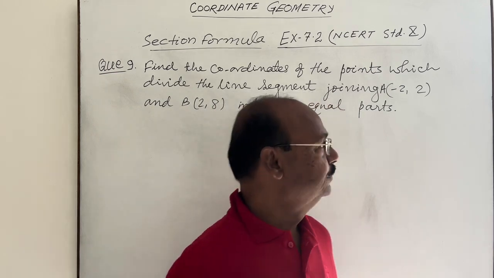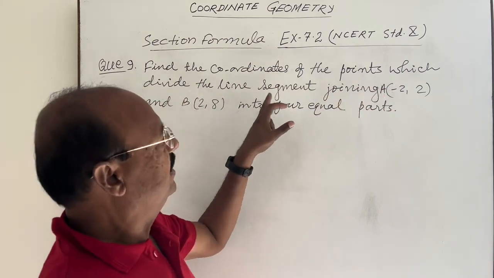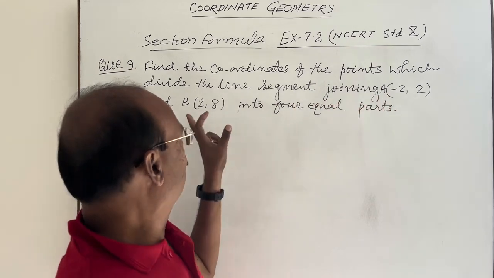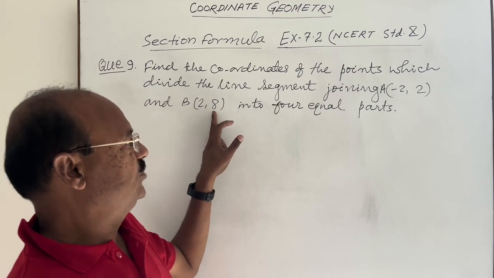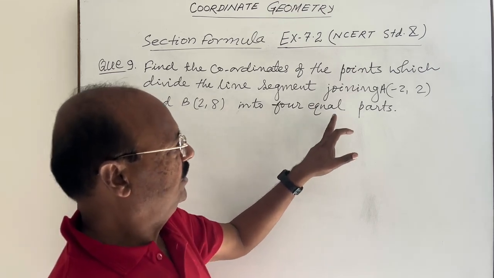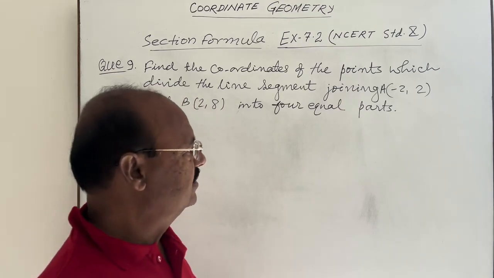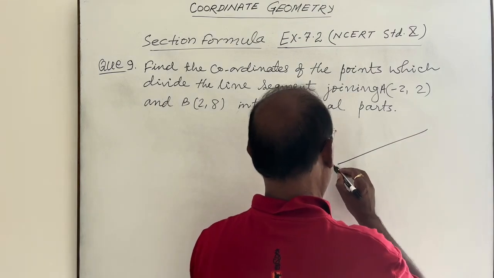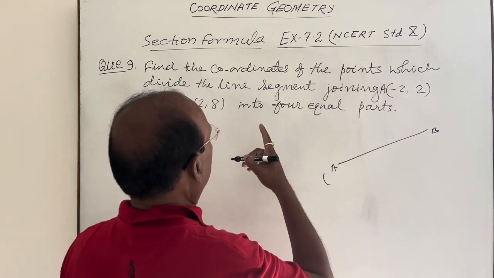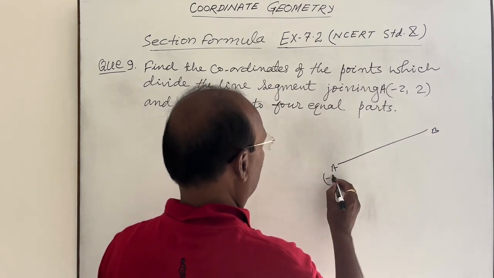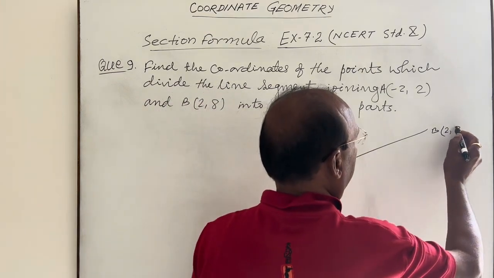Here the question is, find the coordinates of the points which divide the line segment joining 2 points, A having coordinates -2, 2 and B having coordinates 2, 8, into 4 equal parts. Just for convenience, suppose this is a line segment AB joining 2 points A and B. A has coordinates -2, 2 and B has coordinates 2, 8.